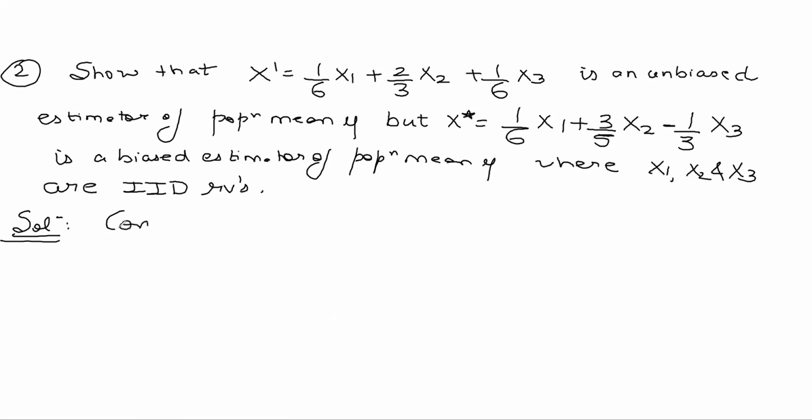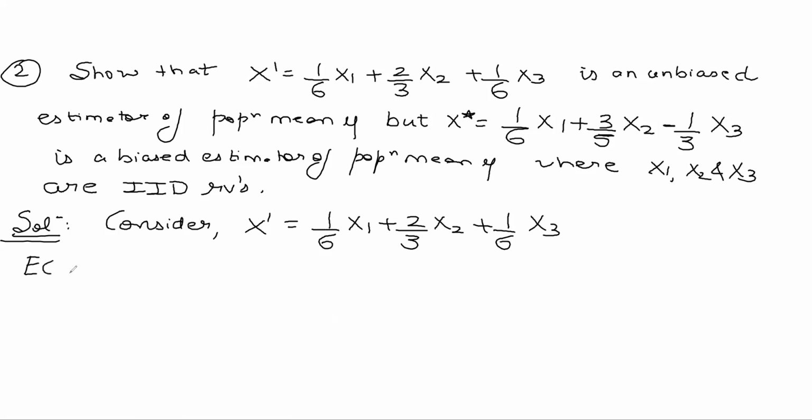So consider x dash, which is 1 by 6 x1 plus 2 by 3 x2 plus 1 by 6 x3. We need to show that x dash is an unbiased estimator.